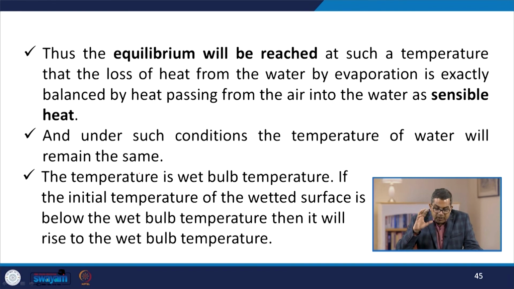Thus, equilibrium will be reached at such a temperature that the loss of heat from water by evaporation is exactly balanced by the heat passing from air into the water as sensible heat. Under such conditions, the temperature of water will remain the same. This temperature is the wet bulb temperature, and if the initial temperature of the wetted surface is below the wet bulb temperature, then it will rise to the wet bulb temperature.